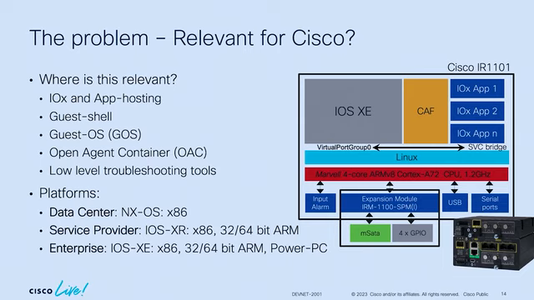Typically in data center products, again, where we have that power, where we have the ability to cool, and where peak performance is important, we run x86. In service provider, there is a mix of typically x86, historically 32-bit ARM, currently also 64-bit ARM, and in enterprise, you have the whole range. We have x86, 32- and 64-bit ARM, and even some devices with PowerPC.